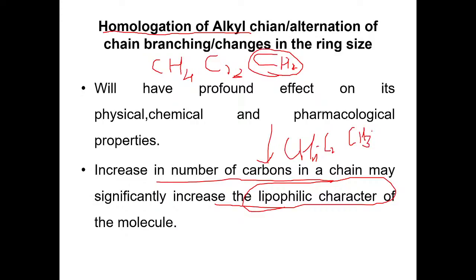You add CH2, it becomes ethanol, and the polarity decreases a little bit. You add one more CH2 and convert it to propanol, and the polarity reduces still further. You go on adding CH2 groups to the alcohol group. Beyond 8 carbon atoms, it becomes completely non-polar.